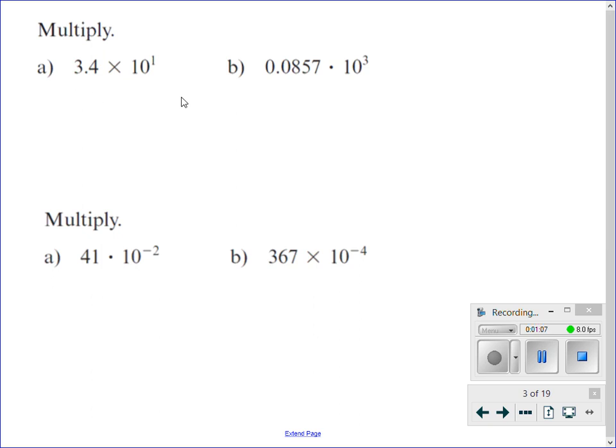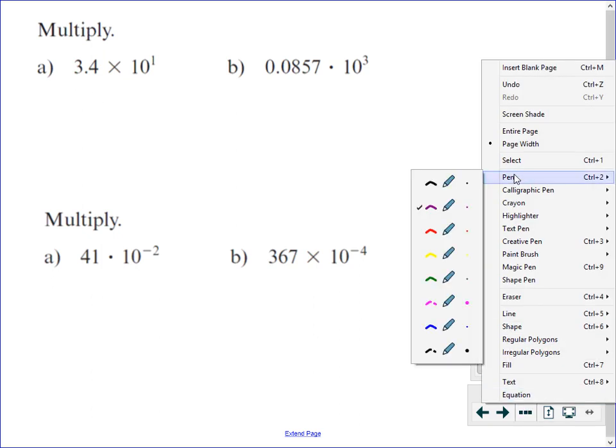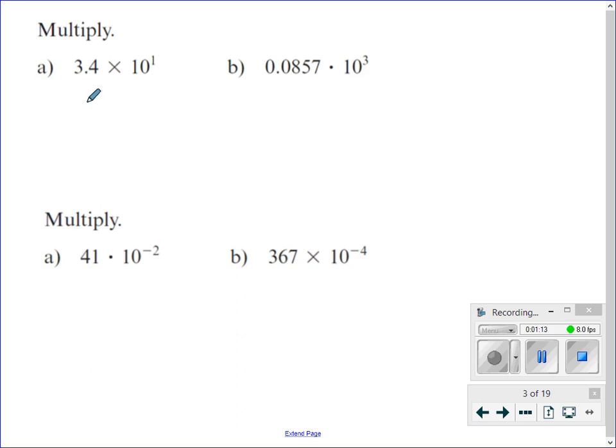So let's multiply these first, going from base 10 to a standard number. When the exponent is positive, you move your decimal place to the right. This is only to go from base 10 to a standard number.